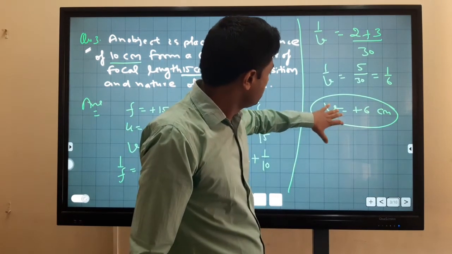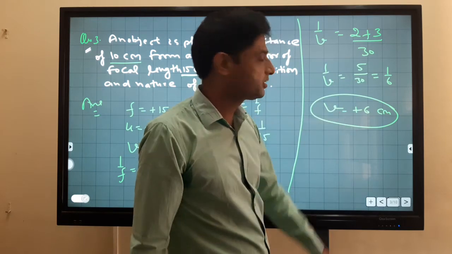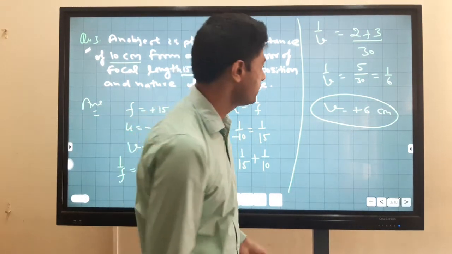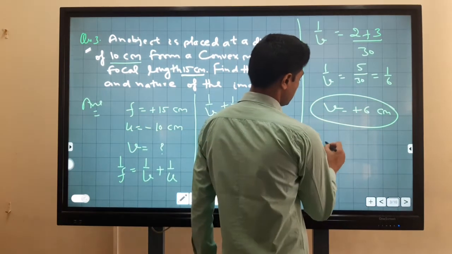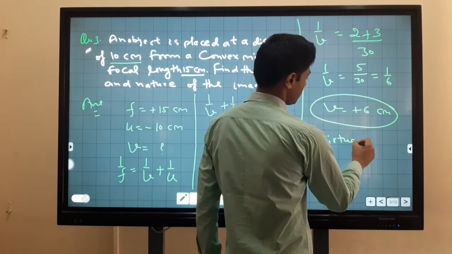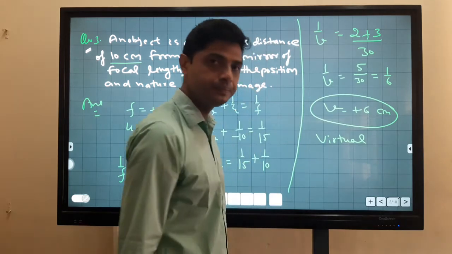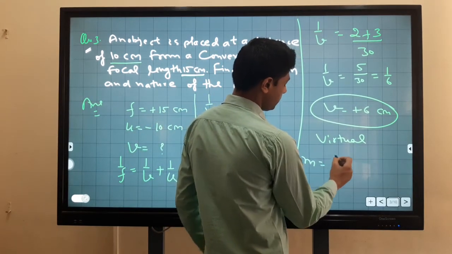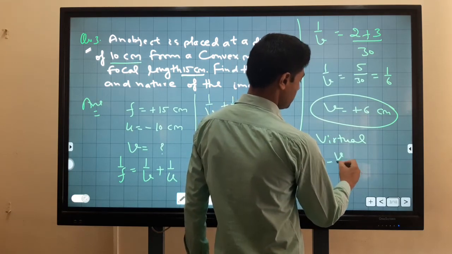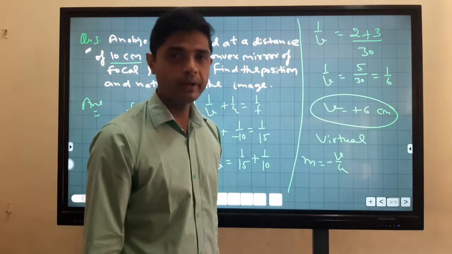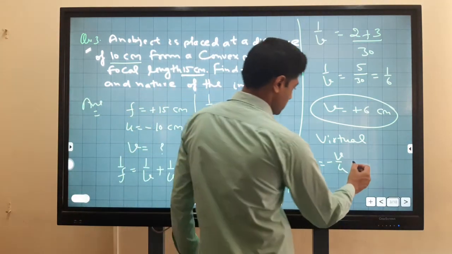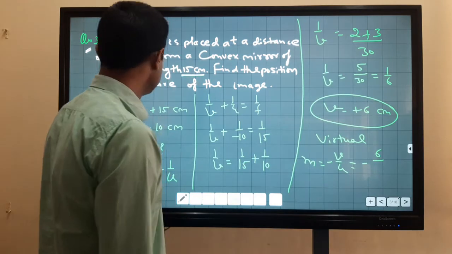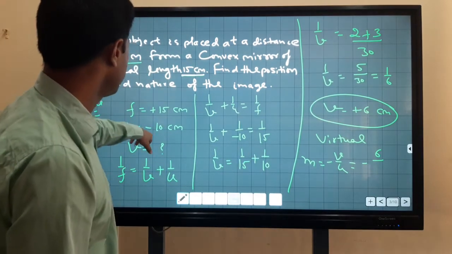As you can see, the value of V is plus 6. It means the image is obtained behind the mirror. It means that it is virtual. Okay. And the magnification M equals minus V upon U. This is the formula for magnification. The value of V is 6 and the value of U is minus 10.